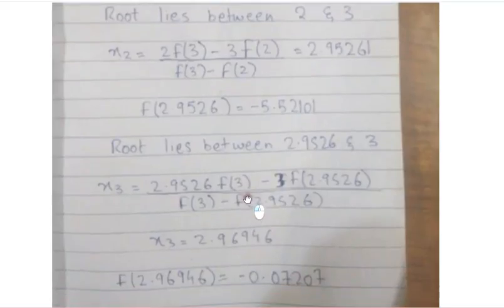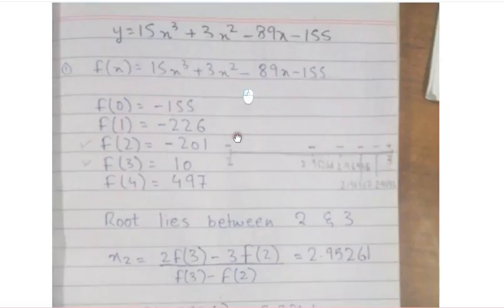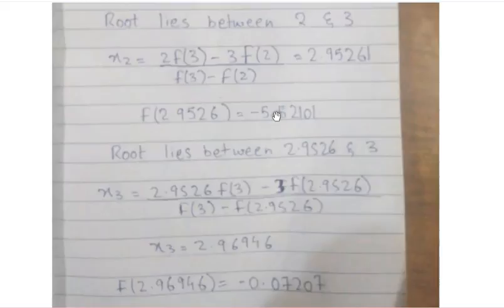Now we want to know whether by substituting this value into our main equation, we will get a positive or a negative. We put this 2.96946 into our equation, 15x cubed plus 3x squared minus 89x minus 155.